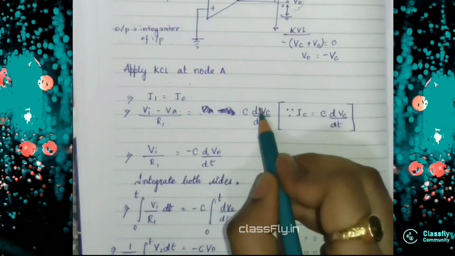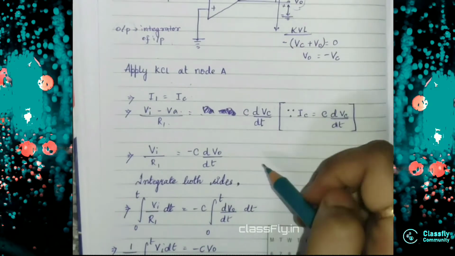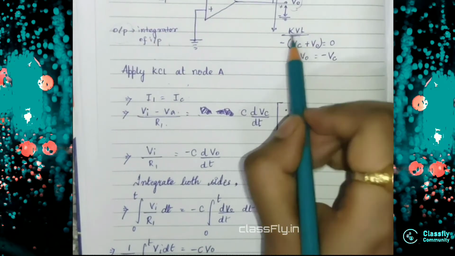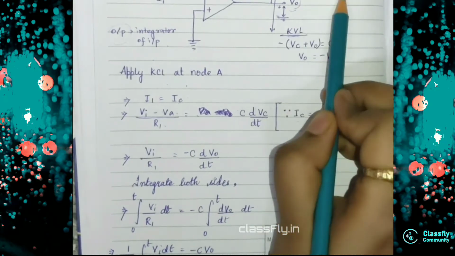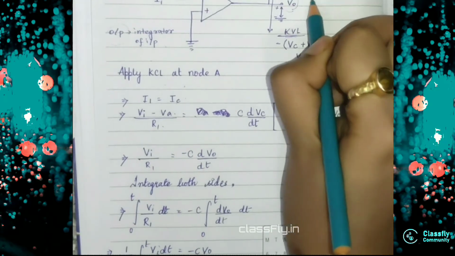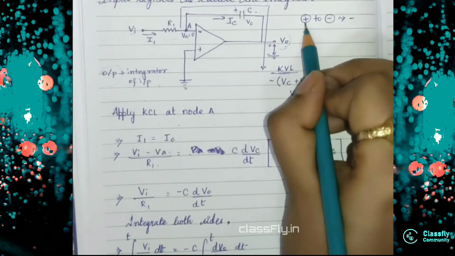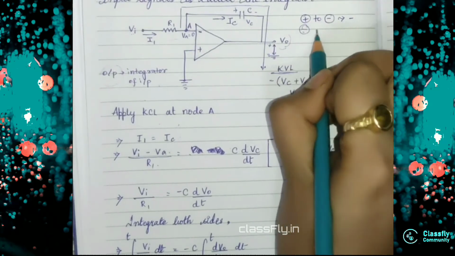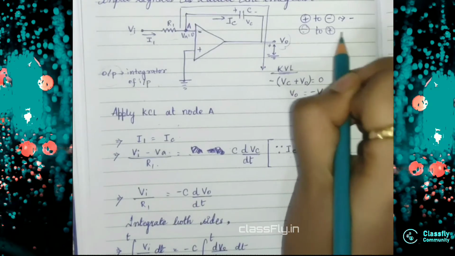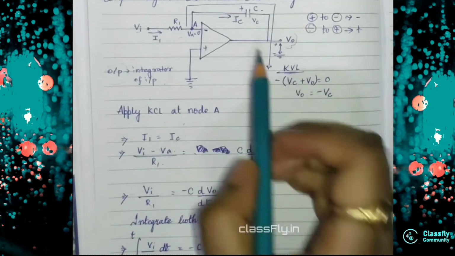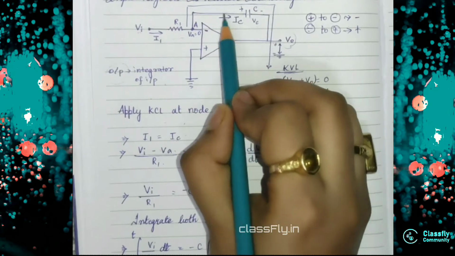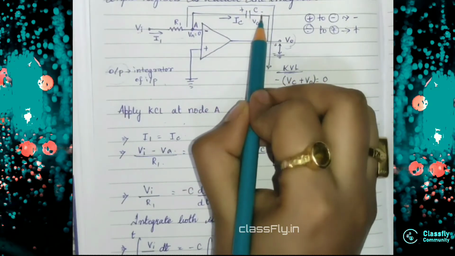So I have to transfer this VC to V0. How will we do that? I will apply KVL. KVL means whenever it moves from positive to negative, it will be negative, and whenever it moves from negative to positive, it will be positive. As the current is moving in this direction, my capacitor's this side will be positive and this side will be negative.